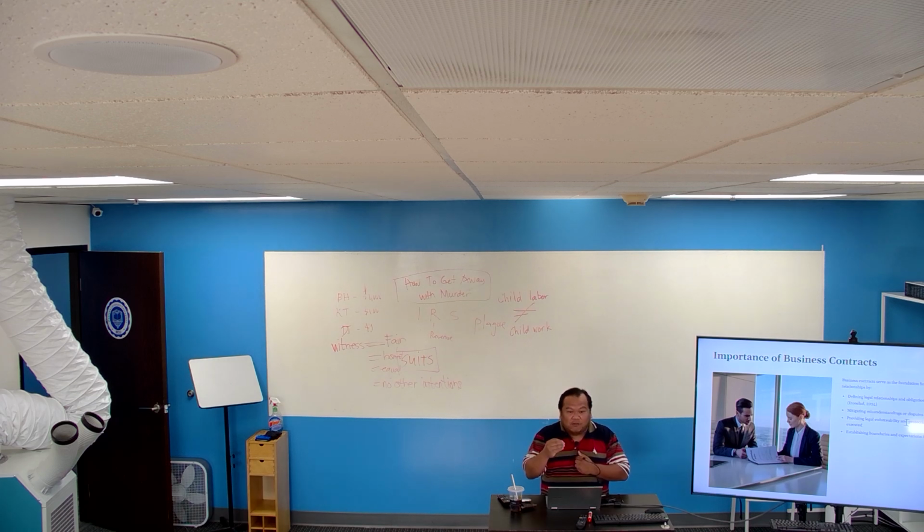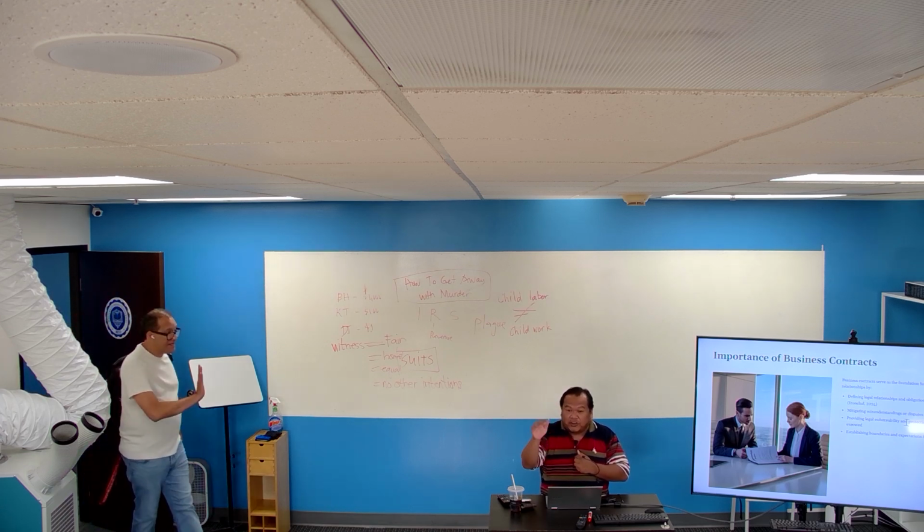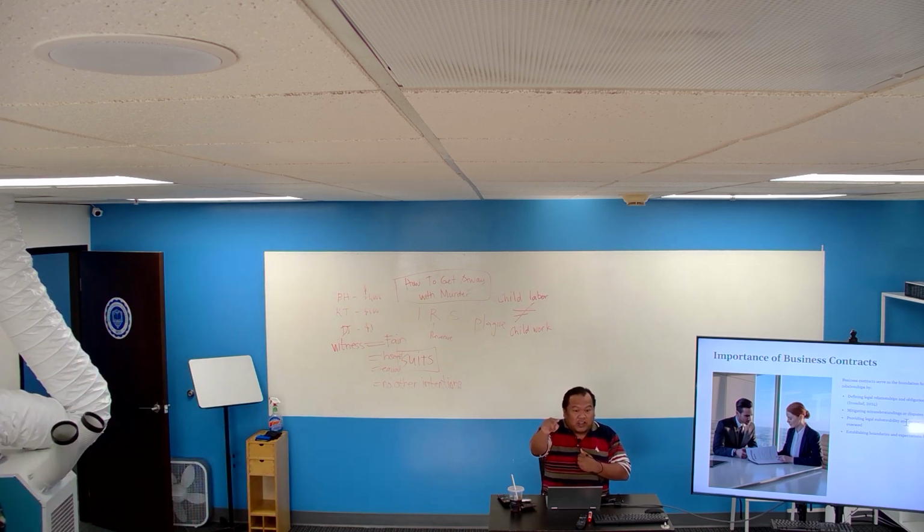So every time you have a business agreement with anyone, whether it's a company or a person that will supply things to you, or whether it is a company or a person that you are selling your products to, there should be a proper contract. Because the contract will let you know what are the limits, what are the obligations of each other, okay, and what are the solutions if problems arise.